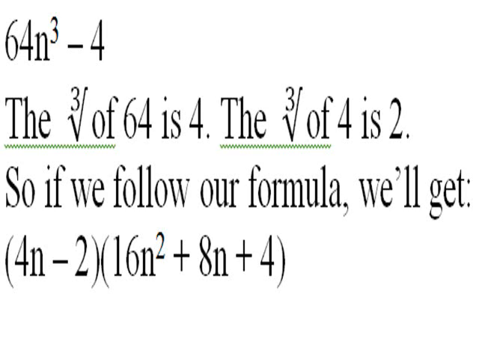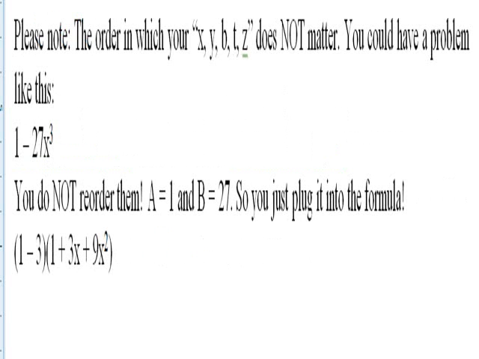It really is very easy as long as you follow the formula, and the formula isn't that hard. It's a lot easier than, say, your formulas for special triangles. I want you to note that the order of your letters, x, y, b, t, or z, does not matter. Whichever letter you have, it doesn't matter.